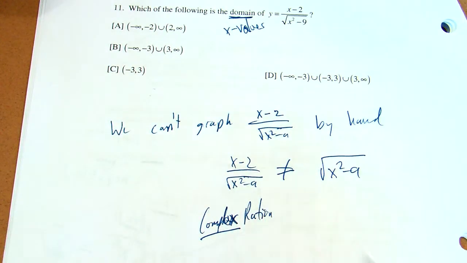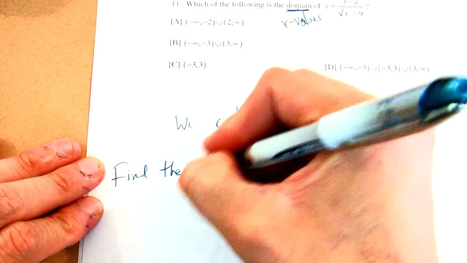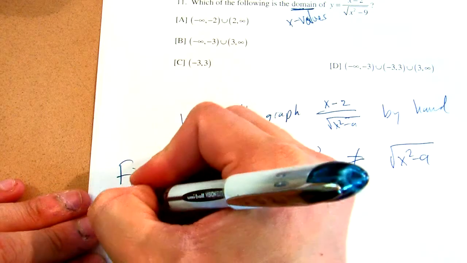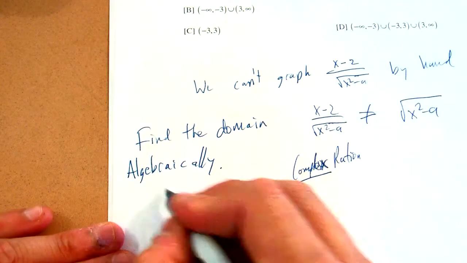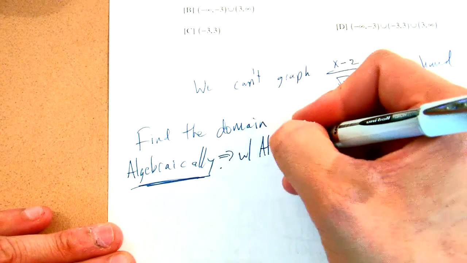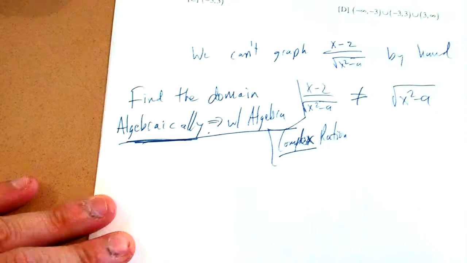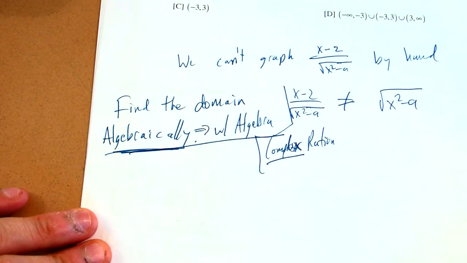But for right now, we're going to find the domain algebraically. Okay, this means with algebra. So we're going to do this with some algebra here. Okay? So what we're going to do is we're going to remember our domain and range rules here.